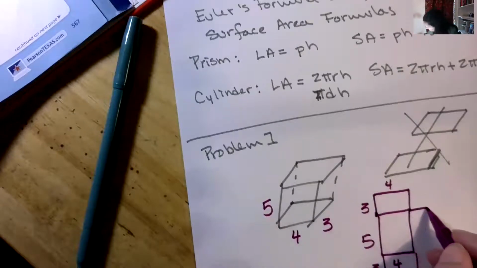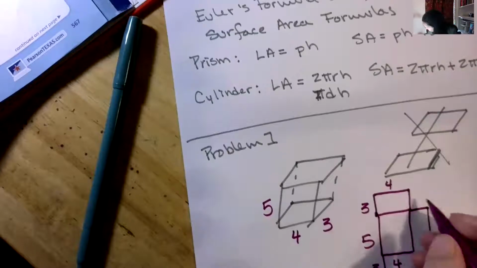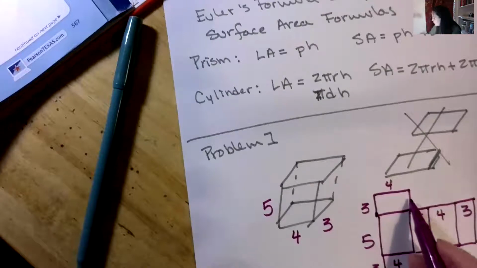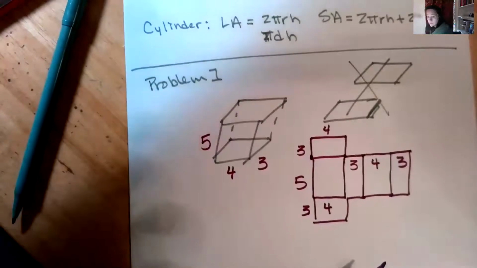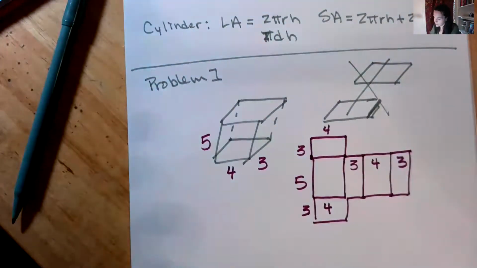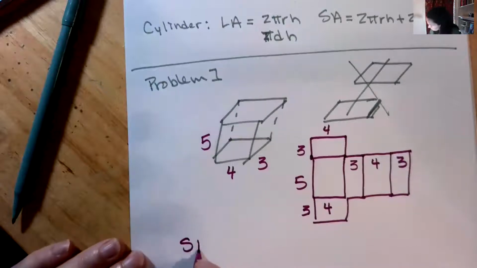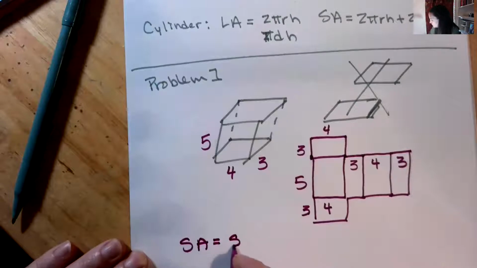So we have this one, which is 3, and we have the next one, which is 4, and then we have our last one, which is 3. Each of these would line up with a side of the base. Now, surface area using a net is going to be the sum of the areas of all the faces.